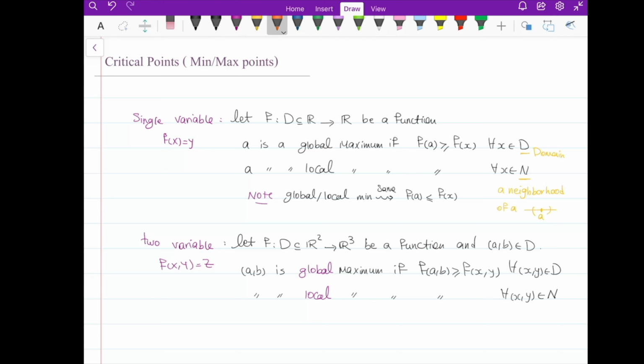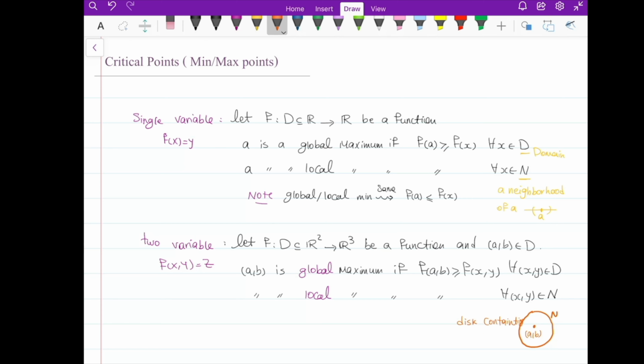And the neighborhood here would be, so I have this, and the neighborhood would be just a disk like this. So this is N. It's a disk containing a and b.